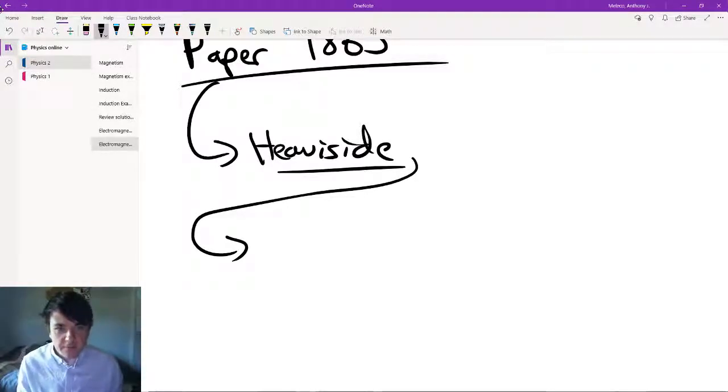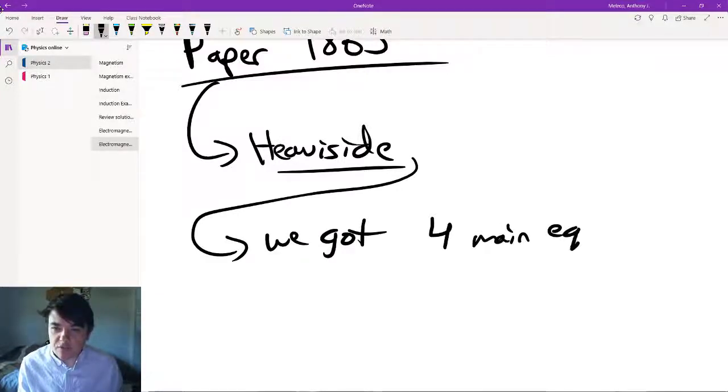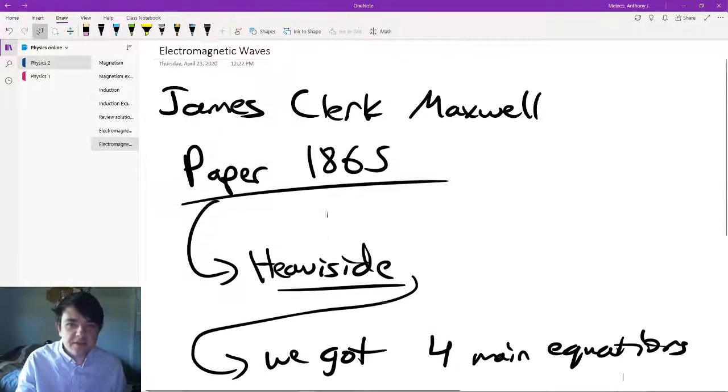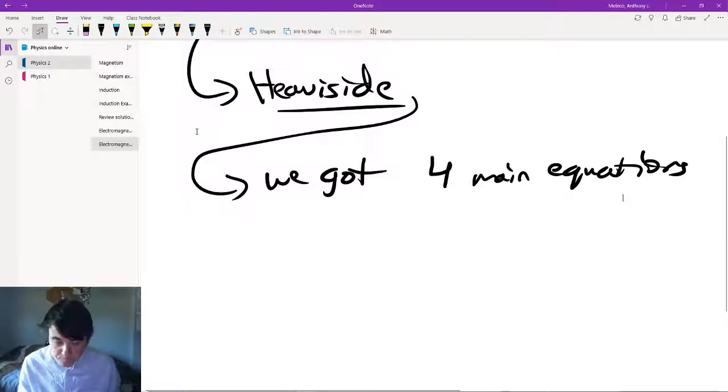All of this ended up being put together, and out of it we got four main equations. These four equations put together the foundation of the study of electromagnetism.